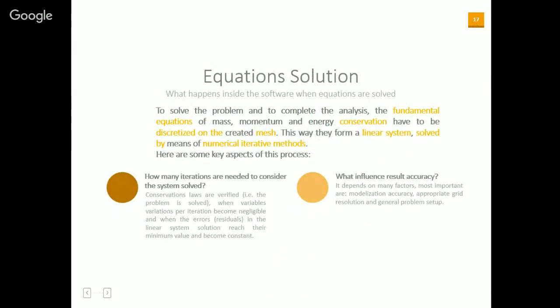Usually, there are two questions that are important at this step, and the first one is, how many iterations do I need in order to consider the system solved? It strictly depends on how you measure how far you are from verifying the conservation law that constitutes this equation. Usually, what are called residuals are used in order to identify how far you are from the correct solution.